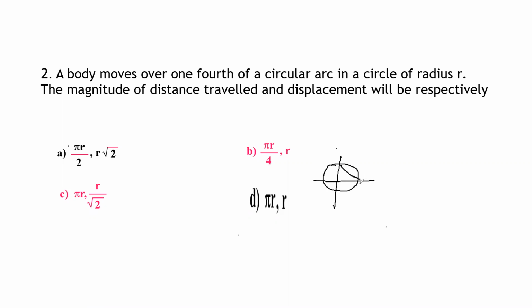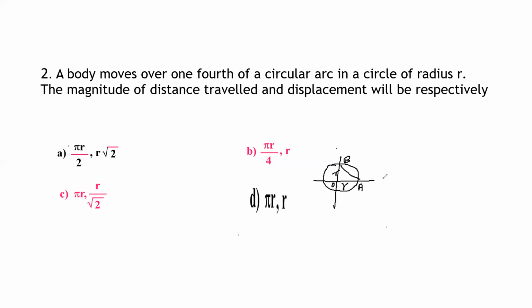The length of this arc I'll assume as AB. The radius they have given as R, and the origin I'll take as O. We need to calculate distance and displacement both. Let the particle start from A to B.